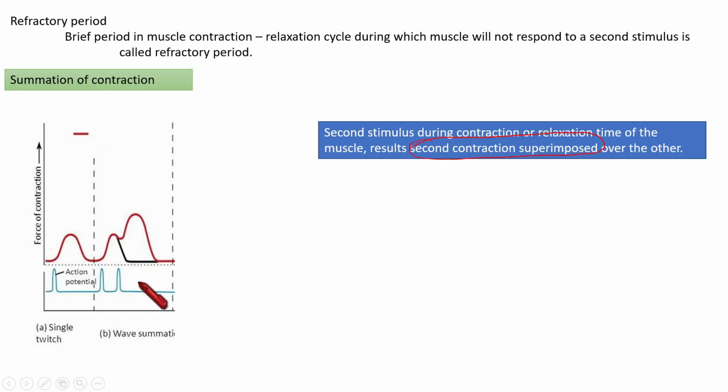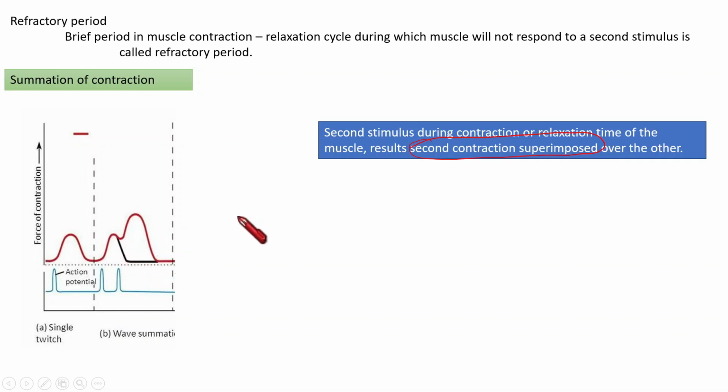It is not given after the muscle completes the relaxation. If it is given after the completion of relaxation phase, we know that is a refractory period. That time muscle will not respond. Instead here, that second stimulus is given during the contraction or in the relaxation phase of that muscle itself. That is why a second contraction occurs here and it gets superimposed over the first and results in a greater contraction.